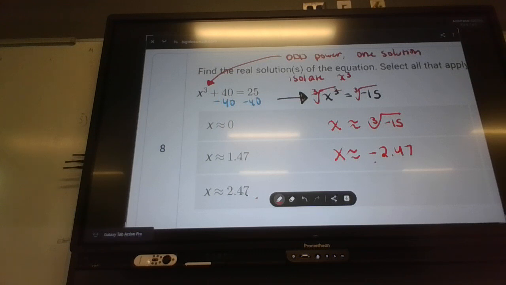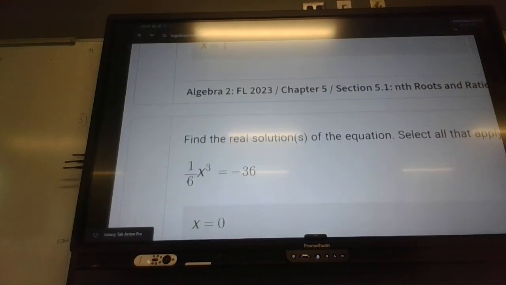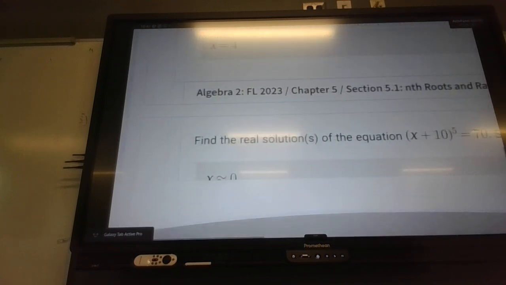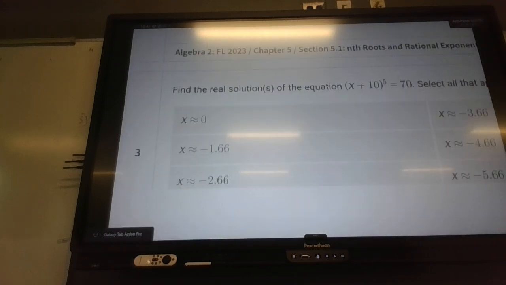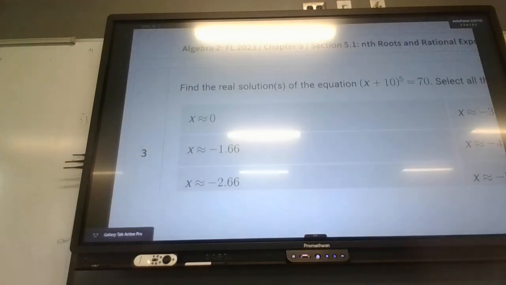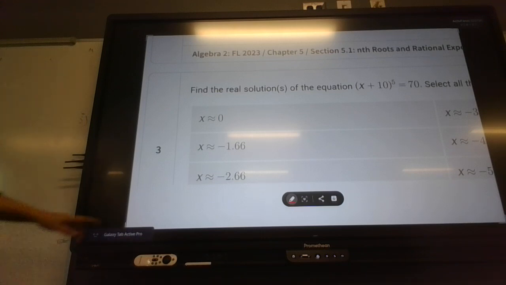Okay, which one should we do next? We haven't done any with parentheses yet. Anybody? Let's do 3. Okay, this is the last type of problem that was shown in this assignment. So this is good. I'm glad we've gone through 3 of these. Okay, so I look in front of the parentheses and there isn't a number in front. There's no fraction.